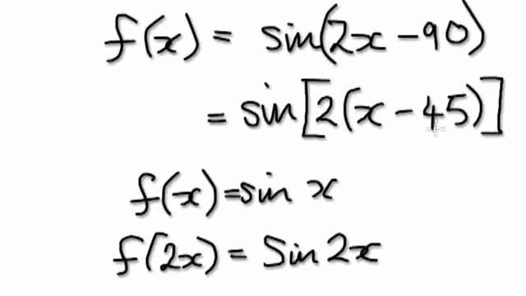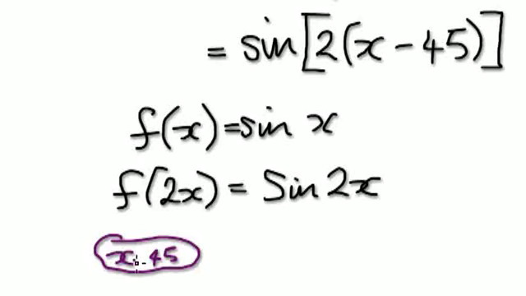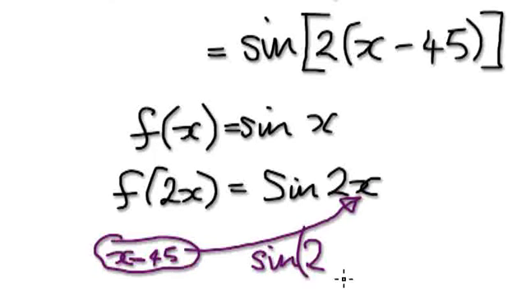So if you put x minus 45 into this x here, you will get this sine 2, and then the bubble here.